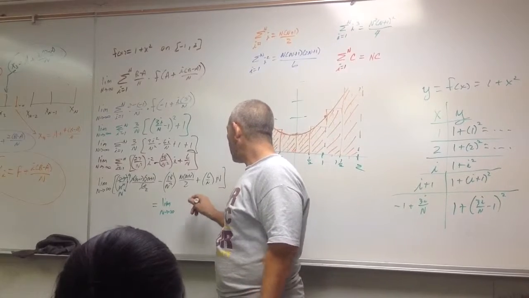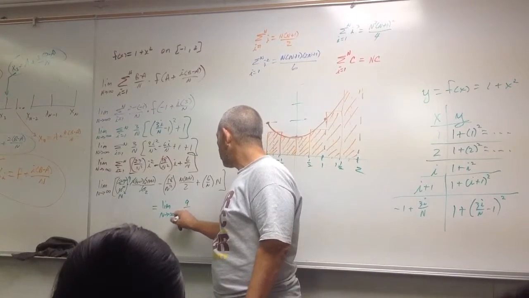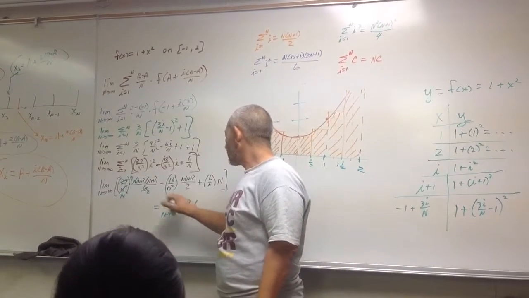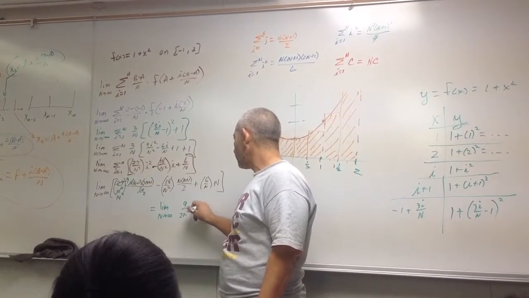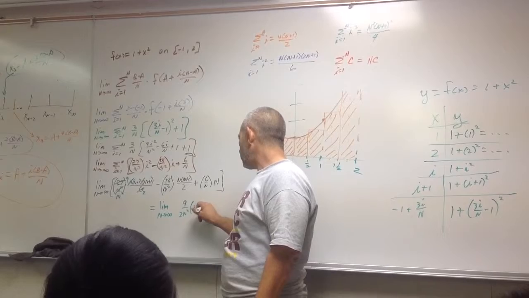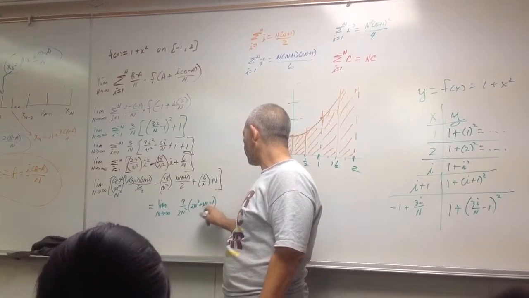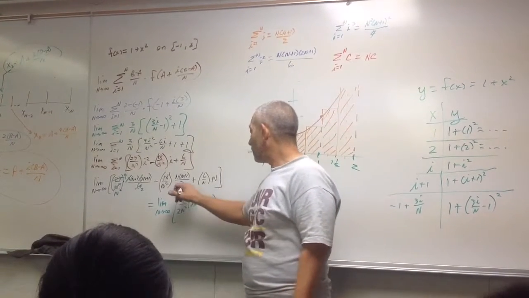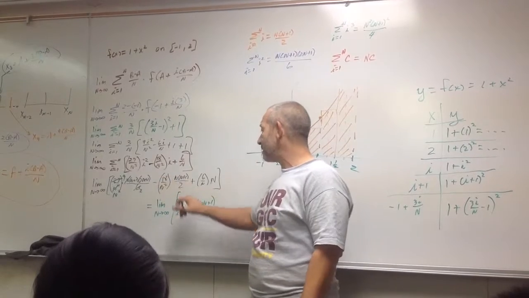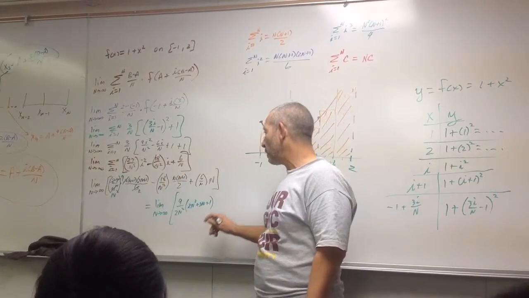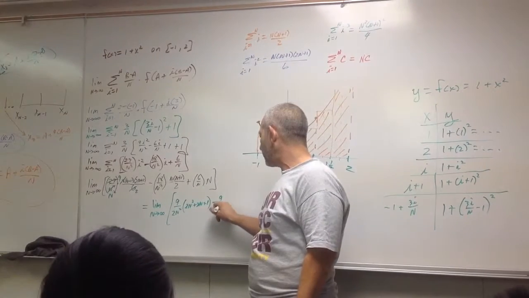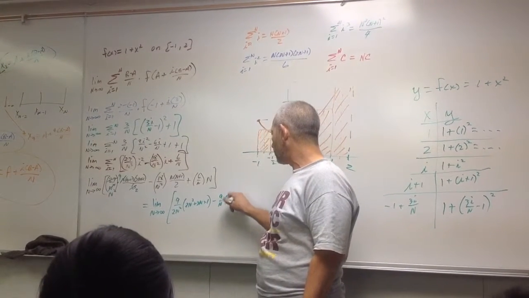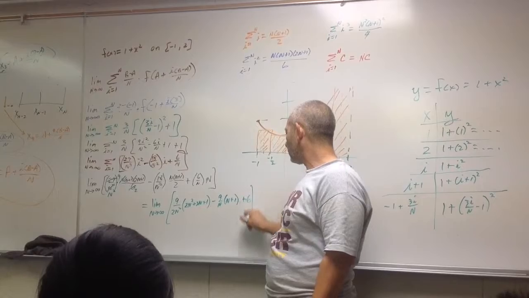So that's 9 over 2n squared times, and what do I get when I multiply that together? 2n squared plus 3n plus 1. Let's see here, 2 goes into 18 9 times, n goes into n squared and leaves you n, so minus 9 over n times n plus 1 plus 6.